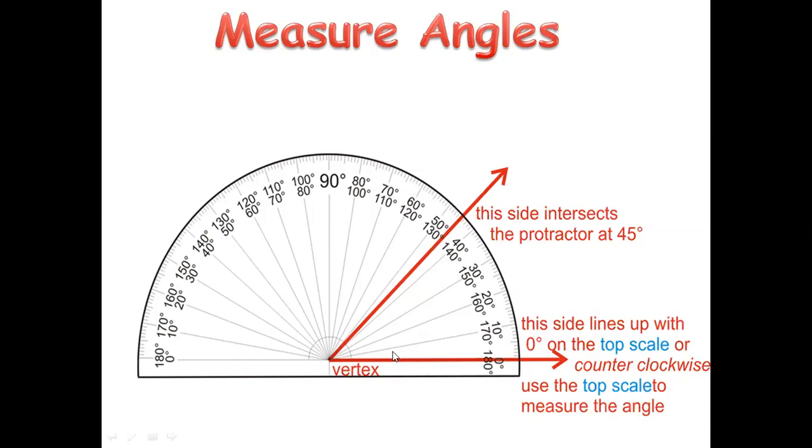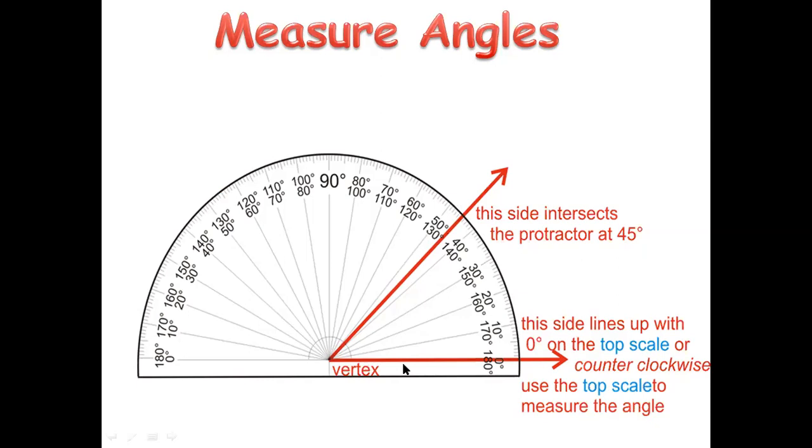But as you can see, this is a small angle, which is an acute angle. So acute angles measure less than 90, which means you're going to be taking the smaller measurements. So which number is between 40 and 50? You know the number between 40 and 50 is 45. So this angle measures 45.